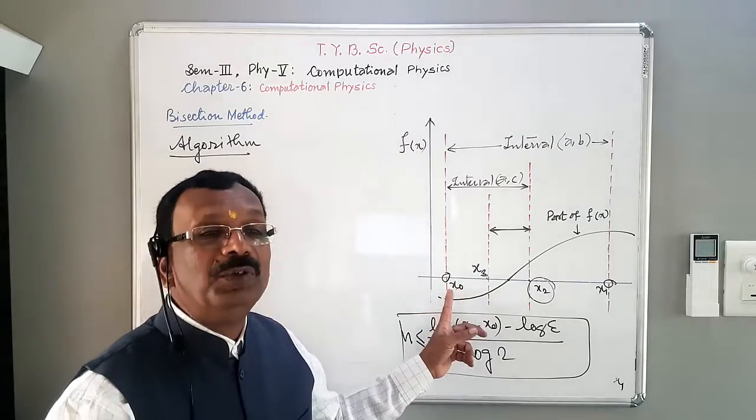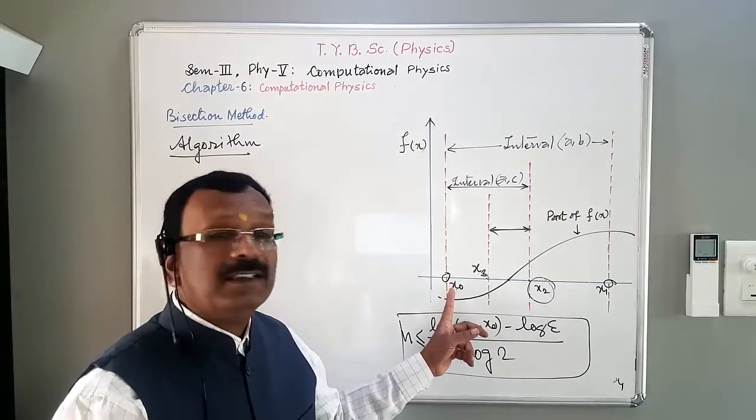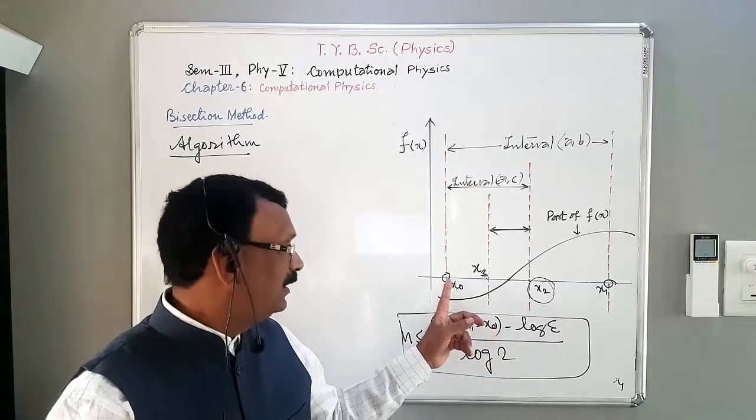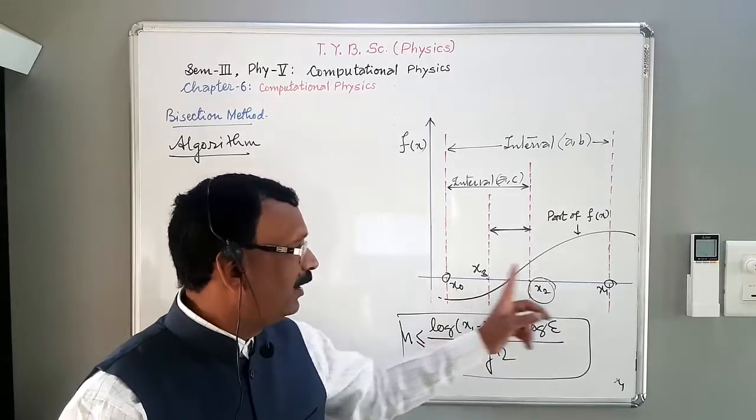First of all, we have to read the interval, that means the initial values x0 and x1.